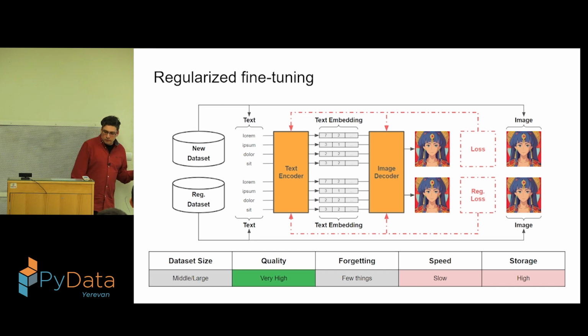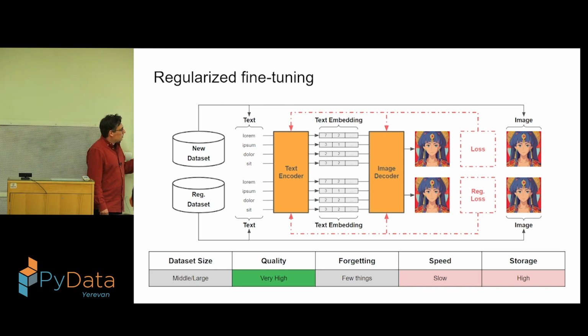So the idea of regularized fine-tuning is very easy. They try to avoid this forgetting. This is one of the major problems, so the first target for the scientists to solve was this forgetting part, and they designed a very simple system where they just add some regularization dataset to our new dataset.